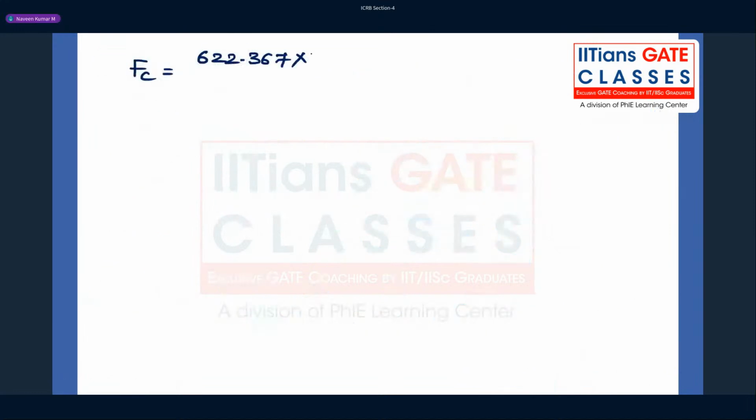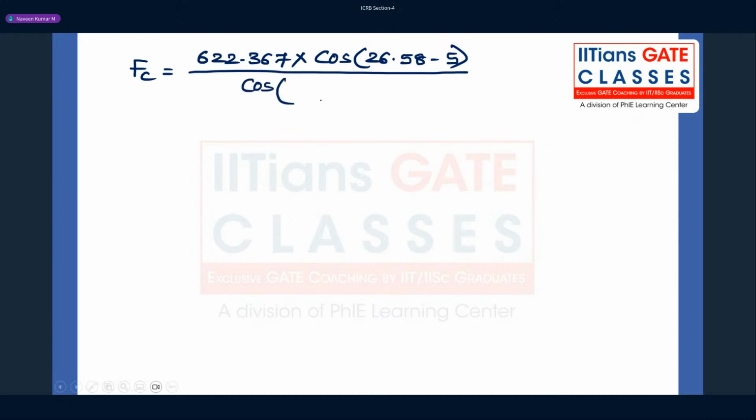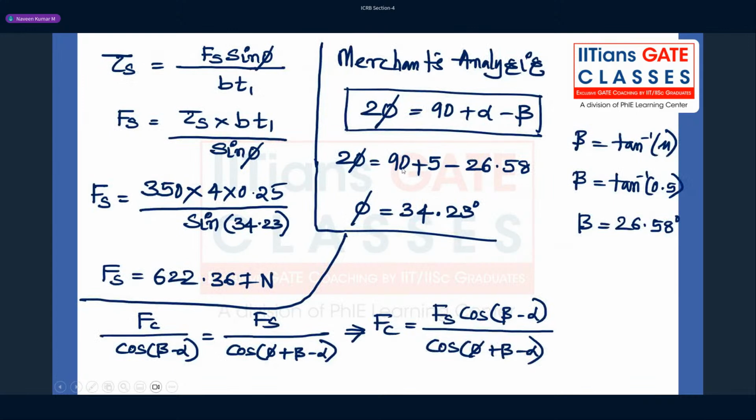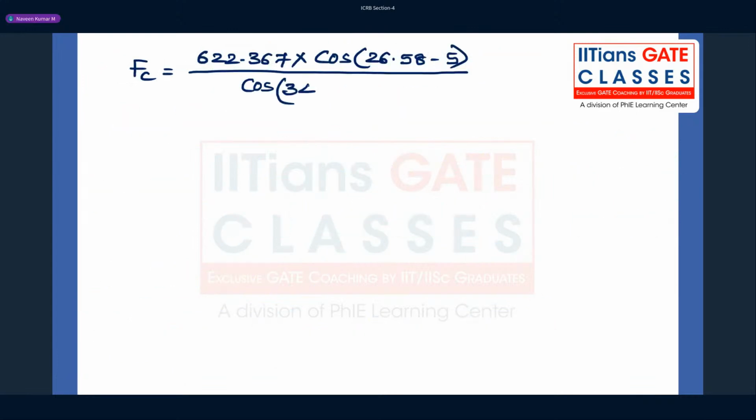Cos 26.58 minus 5, divided by cos phi plus beta minus alpha. What is phi? Phi is 34.23, plus beta is 26.58, minus alpha is 5. You do the calculation, you get around 1029.45 newtons, right?